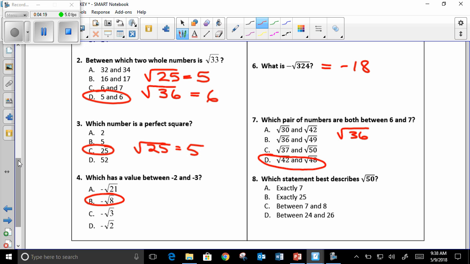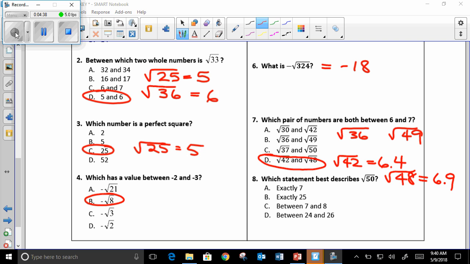And 7 squared would be 49. Which pair of numbers are both between 6 and 7? So the answer to number 7 is D.